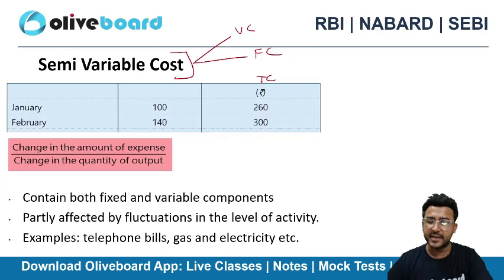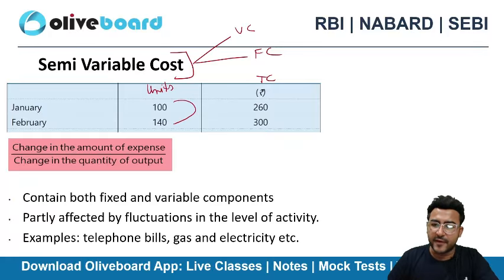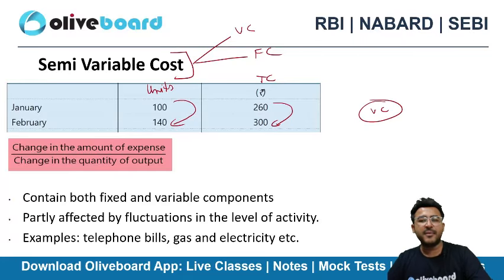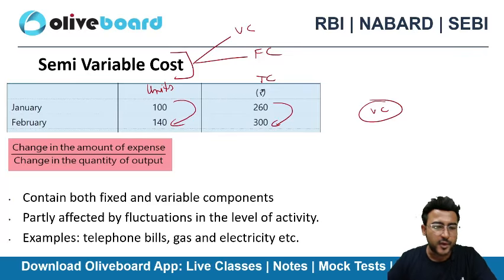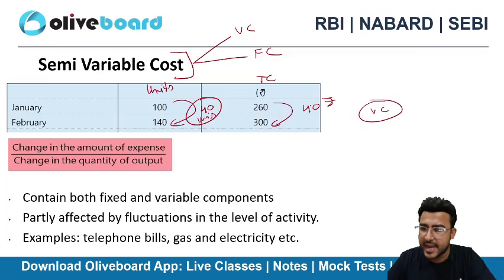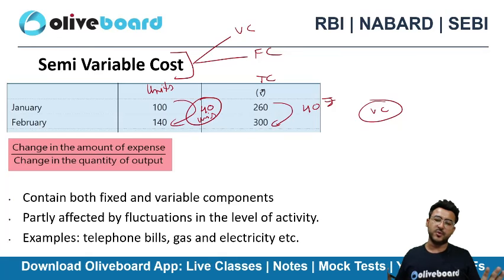Let's quickly segregate it. We know that as per the change in level of activity, the cost that is changing is nothing but my variable cost. Why? Because variable cost changes with the level of activity. So for these additional 40 units, I must have incurred an additional cost. Here I can see that is 40 rupees. The fixed cost will always remain fixed.